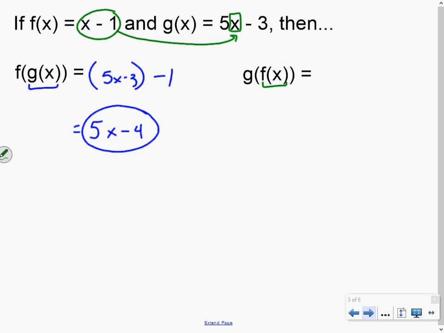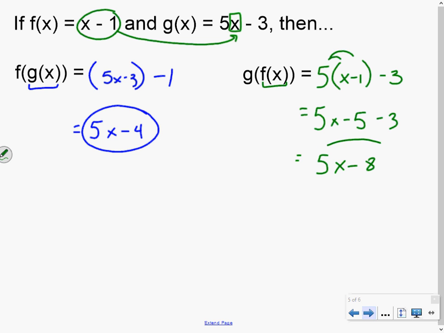So the way we're going to write that is this is going to turn into 5, okay, and then I'm replacing my x with x minus 1, and then I still have my minus 3 from the g of x function. So now to simplify, okay, it's just basic algebra. We distribute, we combine our like terms, and we get our new function.